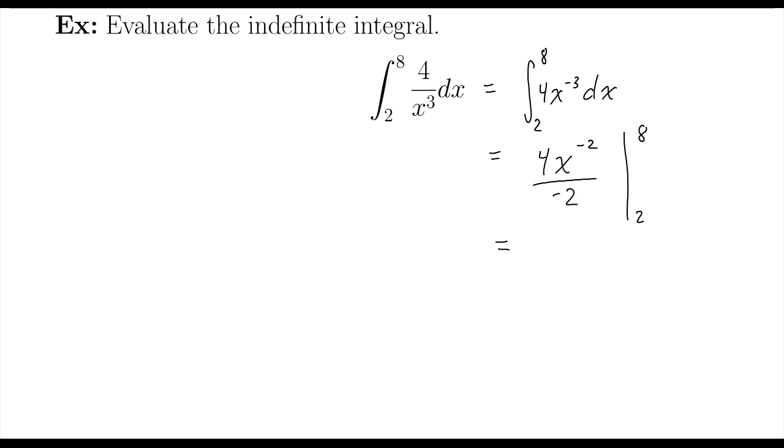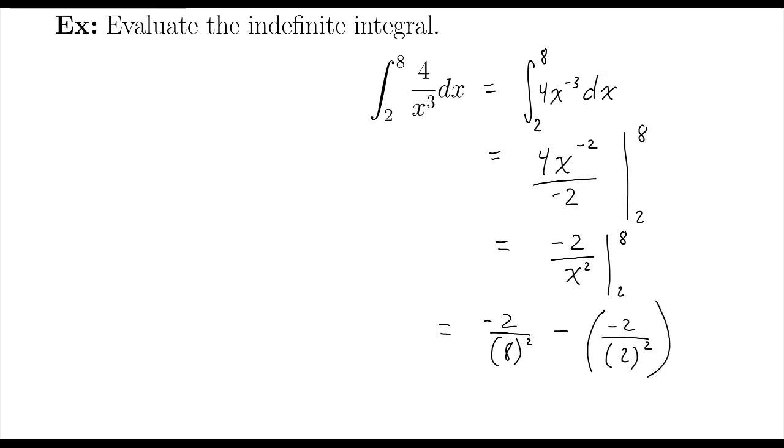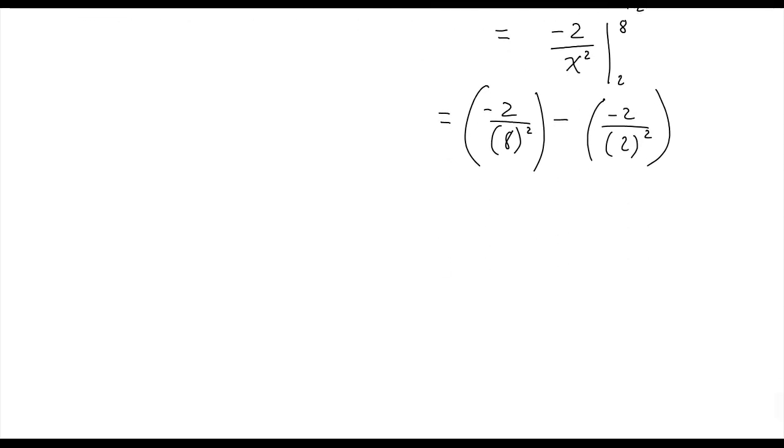When we cleaned it up earlier, we ended up with negative 2 over x squared. Let's plug it in. So negative 2 over 8 squared minus negative 2 over 2 squared. Negative 2 over 64 plus 2 over 4.